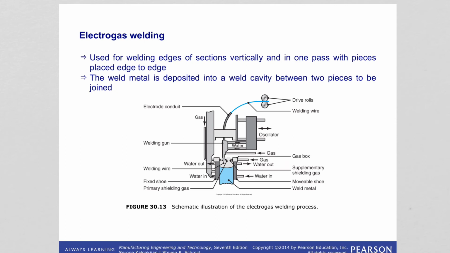And there is electrogas welding. This is used primarily for welding the edges of parts vertically in one pass, with the parts placed edge to edge.